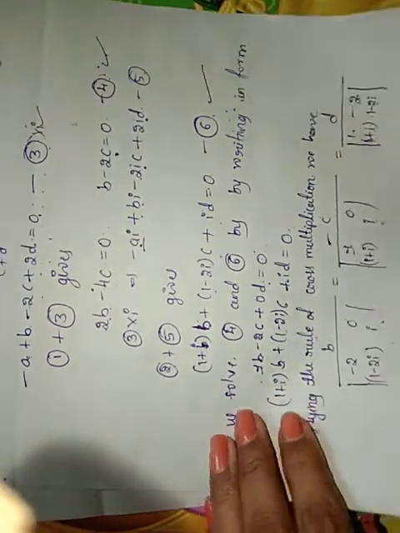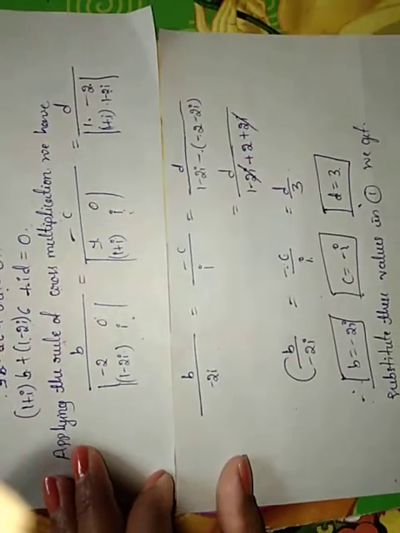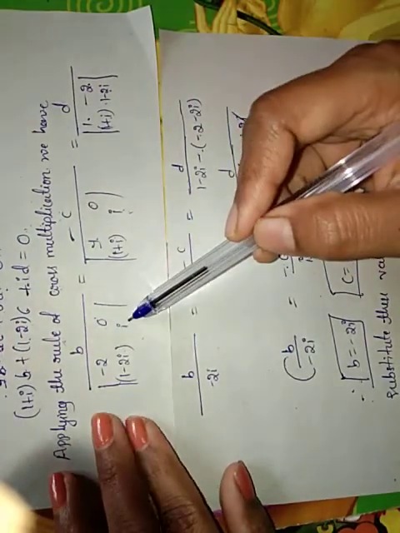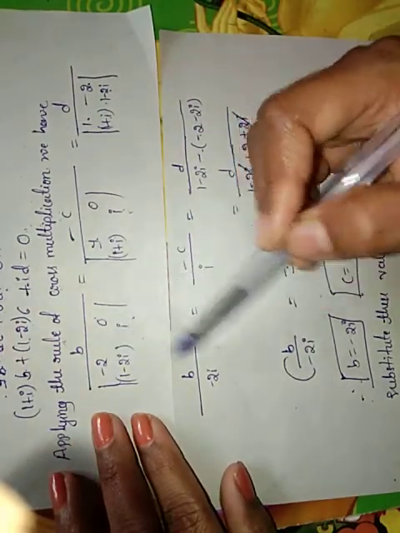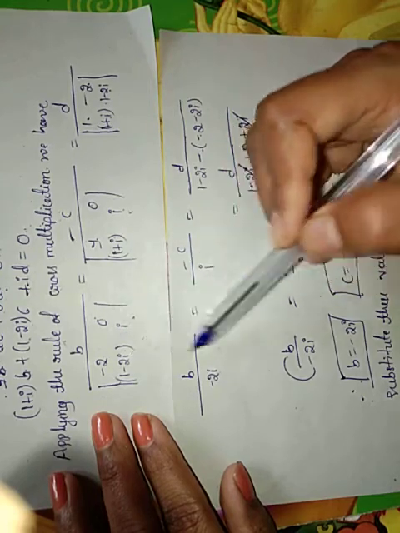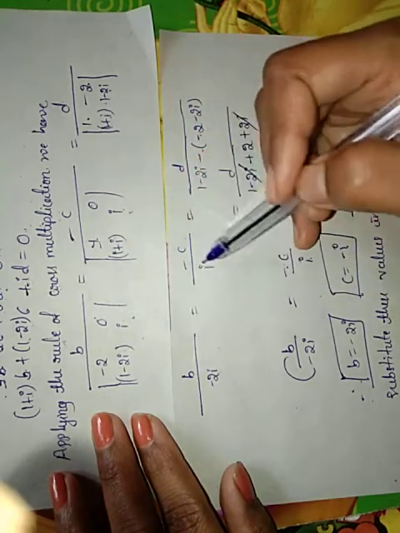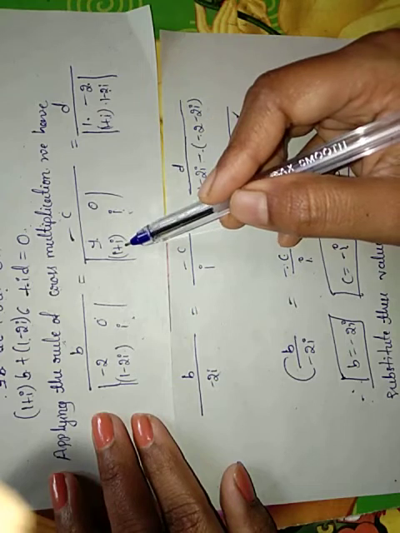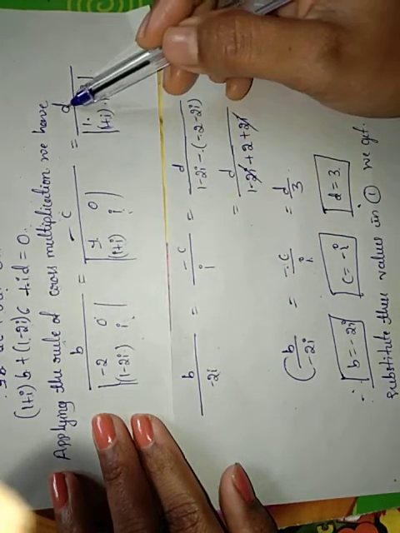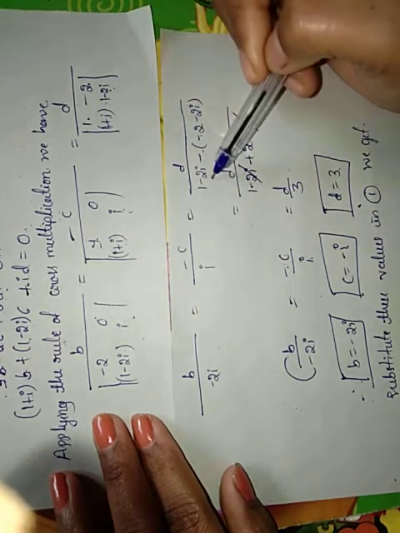Now we have to open the determinant here. When you open the determinant, minus 2 into i is minus 2i, 0 into anything is 0. 1 into i is i, 0 into anything is 0. d divided by 1 into 1 minus 2i is 1 minus 2i.